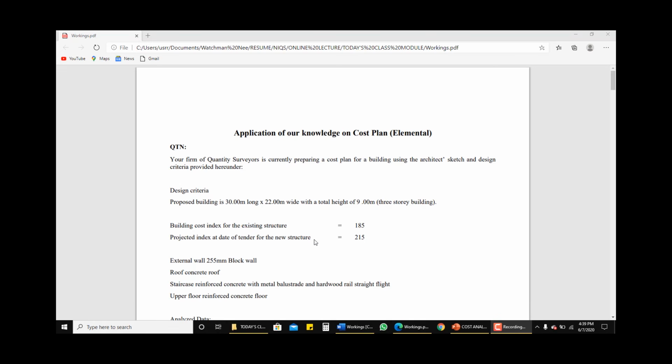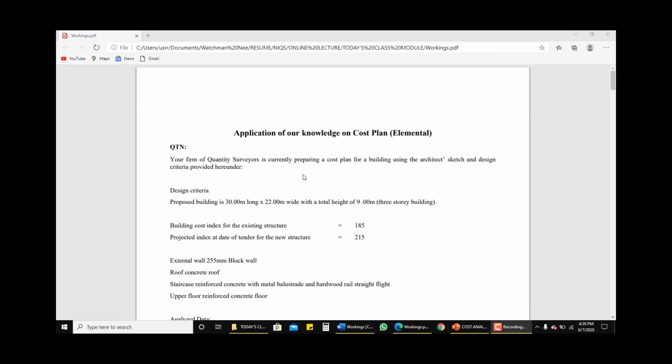So I'll be using a question from a professional qualification exam of the Nigerian Institute of Quantity Surveyors. We'll be using that as a form of application of what we've learned so far on cost planning and cost analysis.